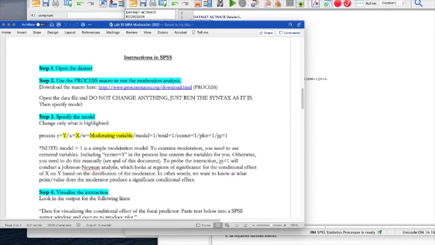So here, we haven't pre-centered the data. We haven't already gone through and subtracted the mean from pop dens. And so we are including the center equals 1 line in the code, just so that the program will center the data for you.